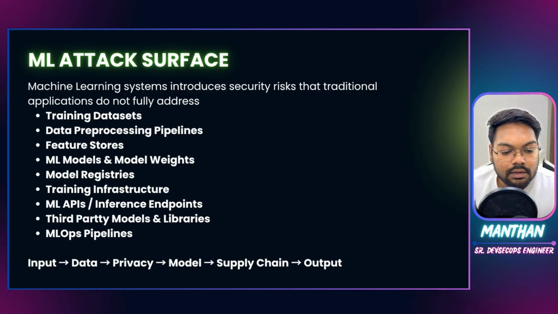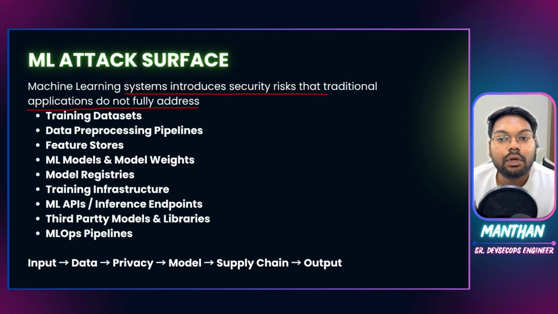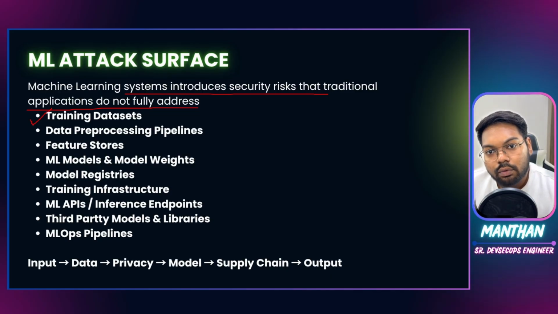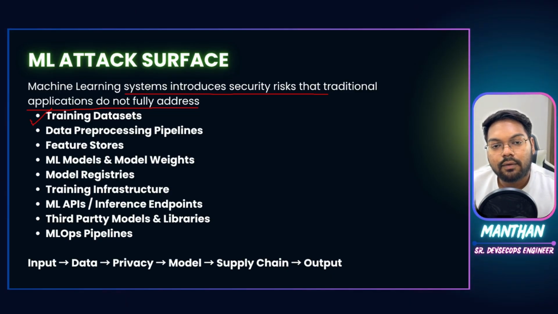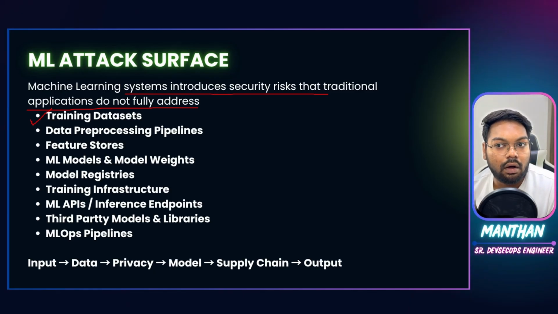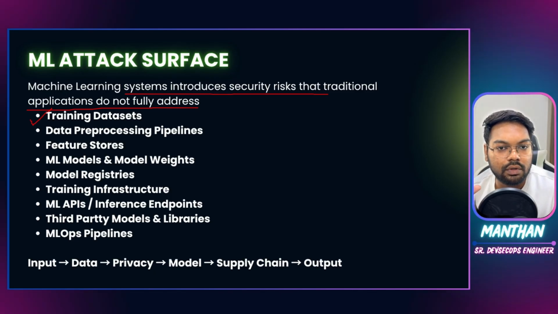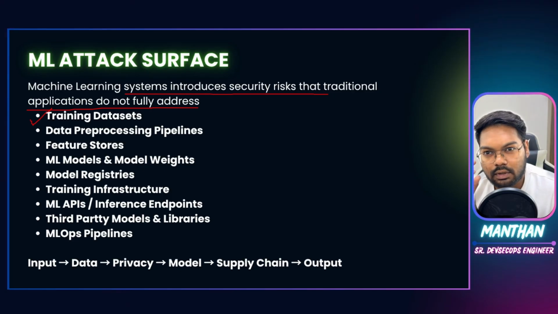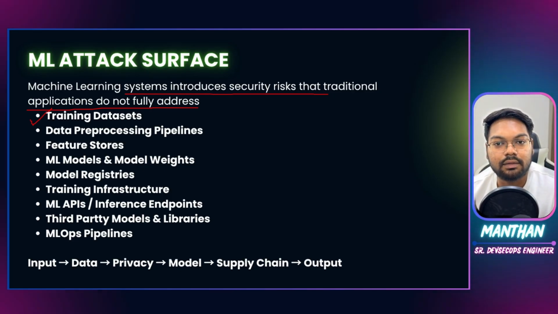Machine learning systems introduce security risks that traditional applications do not fully address. So the very first thing is the training data sets. The more inaccurate your training data set is, the more inefficient or misleading your models would become. Imagine a vision detection model, which has the capability to see things and recognize them.